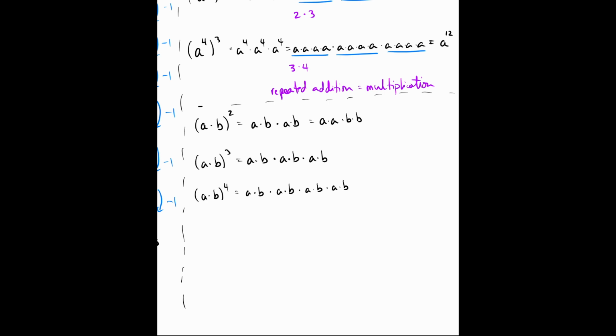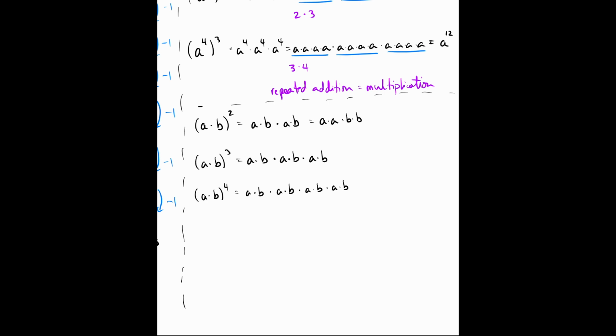Just think about this. 2 times 3 is the same thing as 3 times 2. The order in which you write down the numbers doesn't affect the value. 2 times 3 is 6, 3 times 2 is also 6. The order in which you write the factors doesn't matter. Well, that's always true.